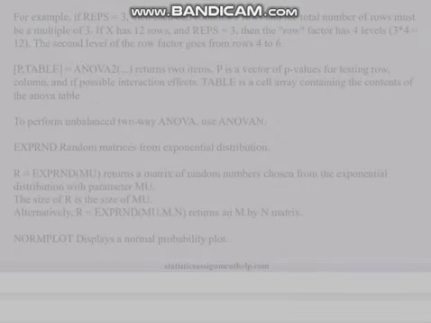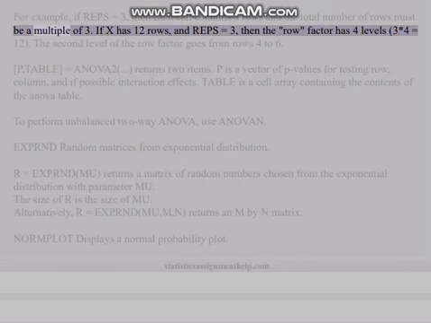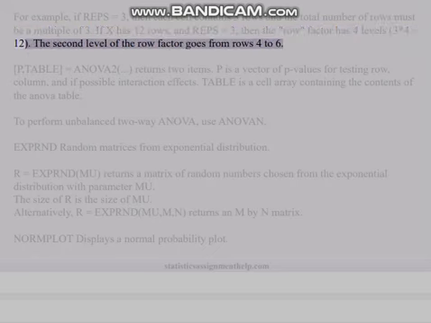contains reps number of rows. DisplayOpt can be 'on', the default, to display the table, or 'off' to skip the display. For example, if reps equals 3, then each cell contains 3 rows and the total number of rows must be a multiple of 3. If X has 12 rows, and reps equals 3, then the row factor has 4 levels, 3 times 4 is equal to 12.